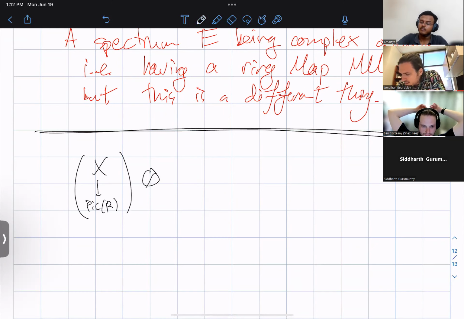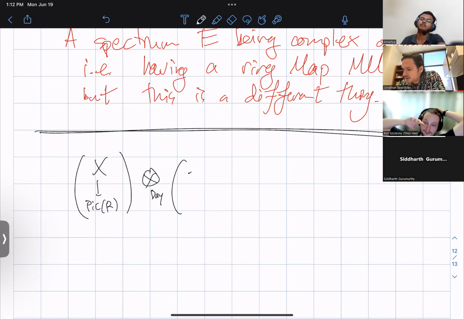So what is the Day convolution tensor product?